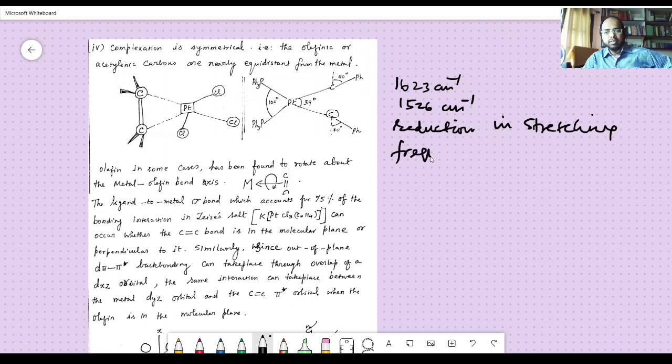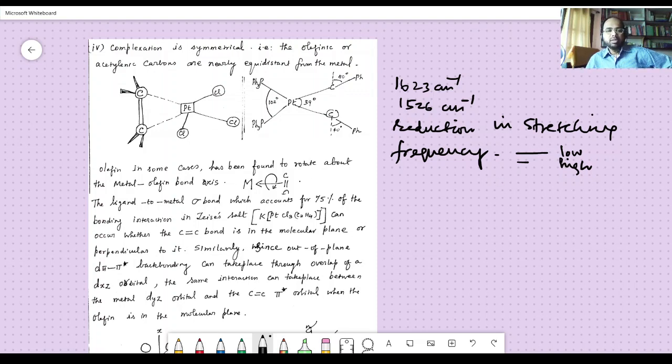Stretching frequency is a function of the bond length. So the longer the bond length, the lower the stretching frequency. The shorter the bond length, the higher the stretching frequency, as you know according to the vibrational spectroscopy rules.